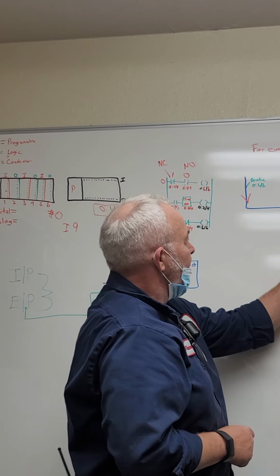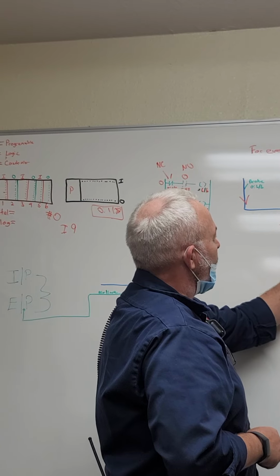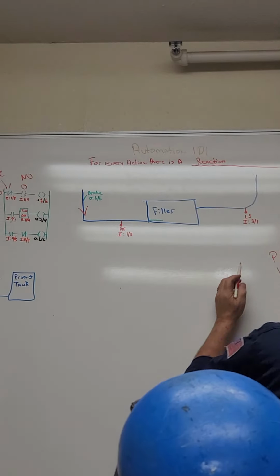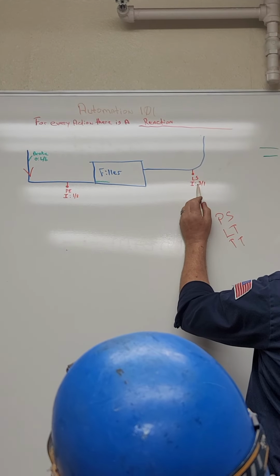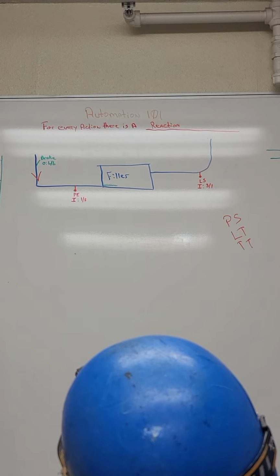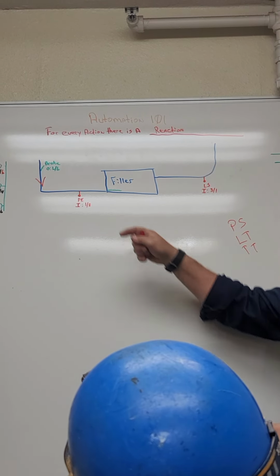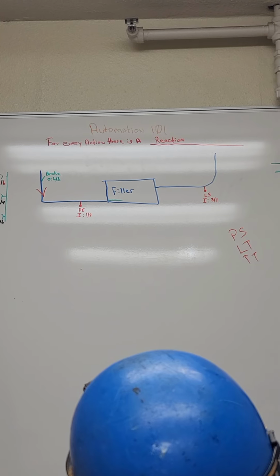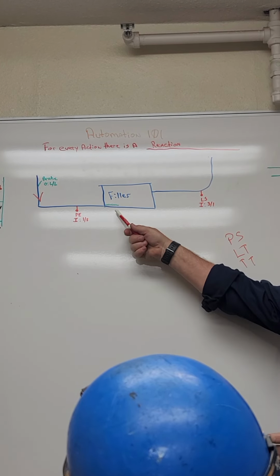Now, this is the infeed of the filler, right? This is the little worm screw. If this eye blocks, what output am I gonna fire to stop my infeed? It's marked up there. What output am I gonna fire?